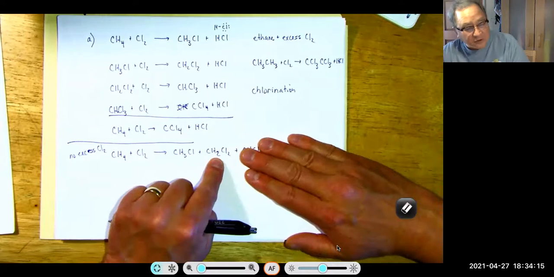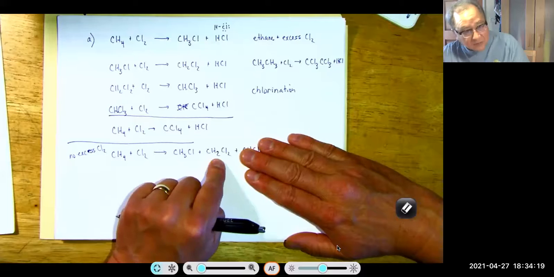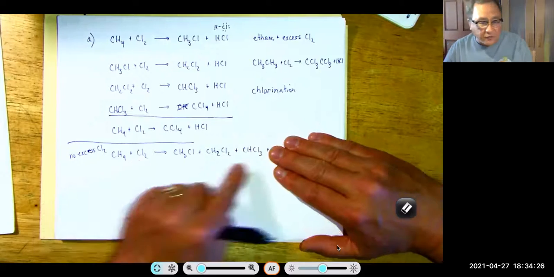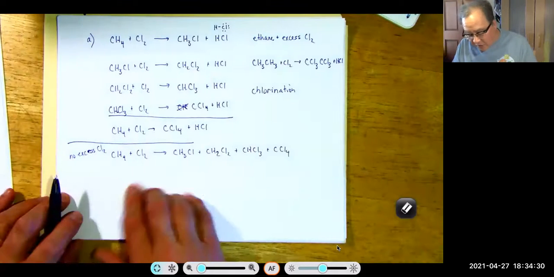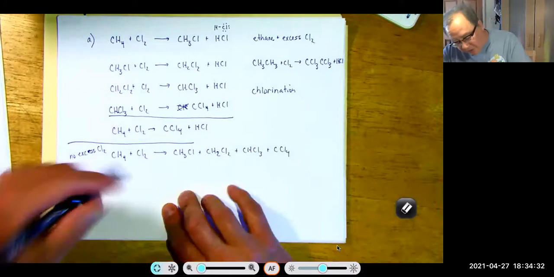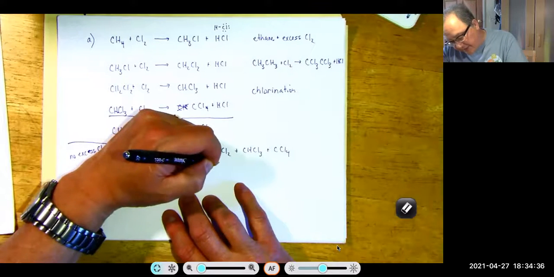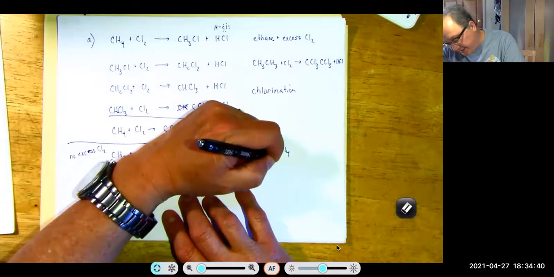And let's say half of those react that way. Now you have 250 million of these that could react with still 250 million chlorines that haven't reacted and make that, and so forth and so on. So when you do these reactions, you will actually get all 4 of these. You're going to get mostly this here and less, lesser, and lessest.